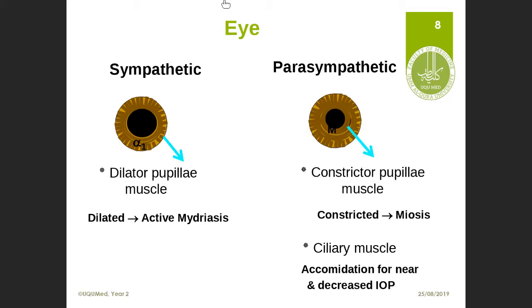But if you see here, in the sympathetic system the receptor is alpha 1. And when this system is activated, we have dilation of the pupillary muscles of the eye. So it will increase the size of the pupil. There is active mydriasis. We become more active, our eyes can see farther objects, more alert.